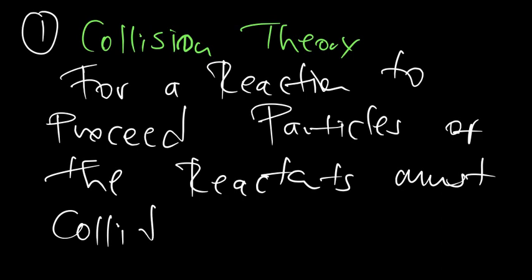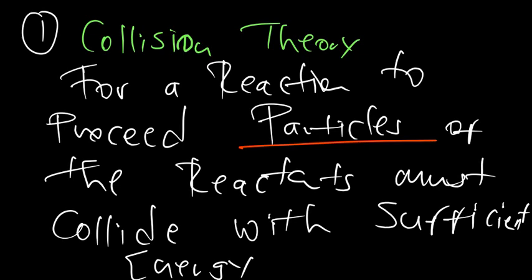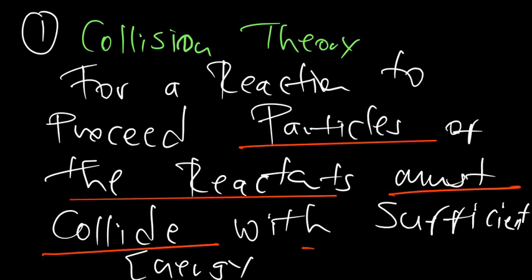Not only should they collide, but they must collide with sufficient, that means enough, energy. As simple as that is. For a chemical reaction to proceed, particles of the reactants must collide with sufficient energy. Let's break that down. What are we trying to say here?